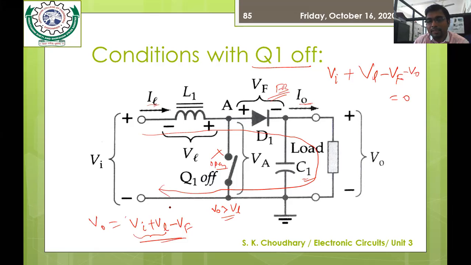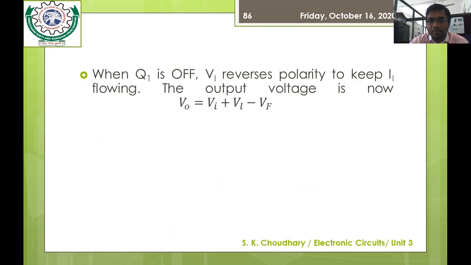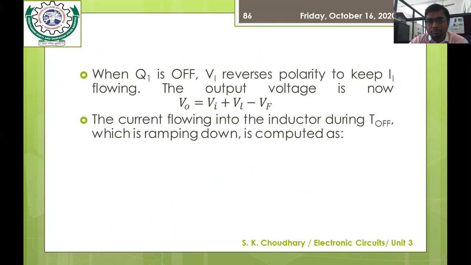Always remember that V0 is greater than VI, and VI plus VL is the voltage available at the switch, or A. So VA is equal to VI plus VL. This is the equation I have also mentioned in the next slide: V0 is VI plus VL minus VF.